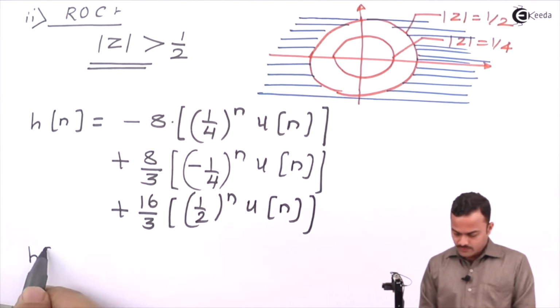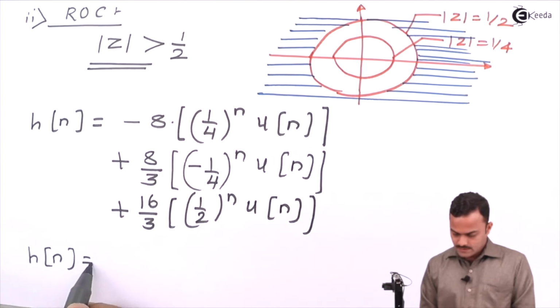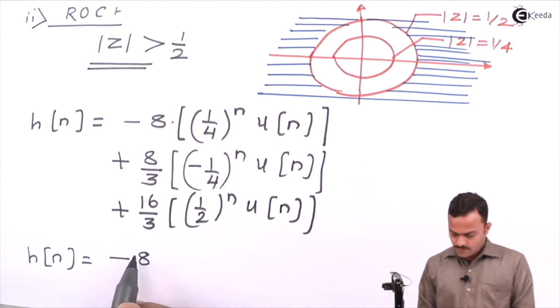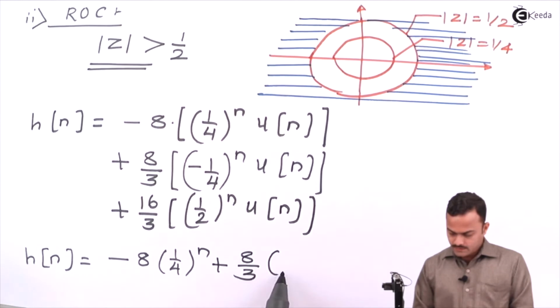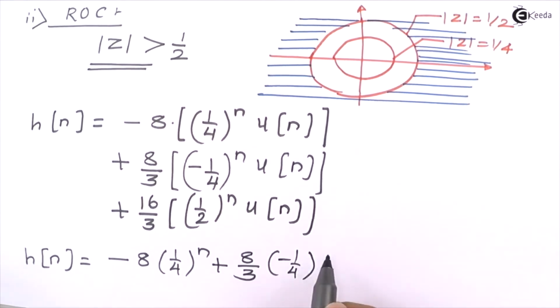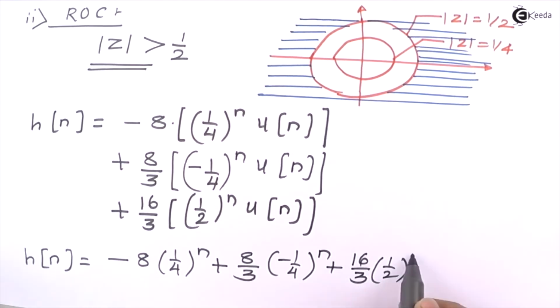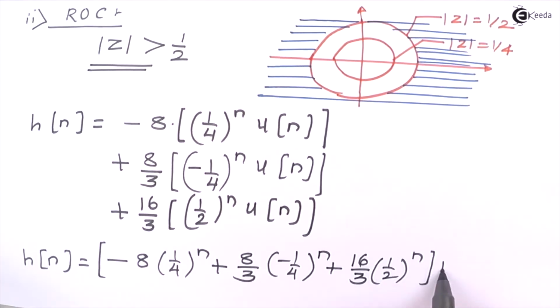Simplification will give you a final answer h of n as minus 8 into 1 by 4 raised to n plus 8 by 3 into minus 1 by 4 raised to n plus 16 by 3 into 1 by 2 raised to n, whole multiplied by u of n.